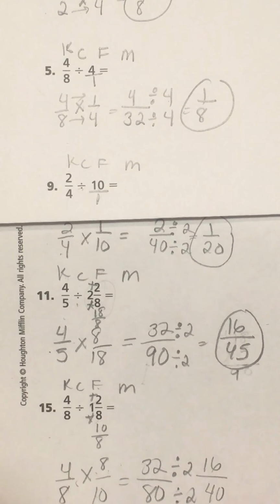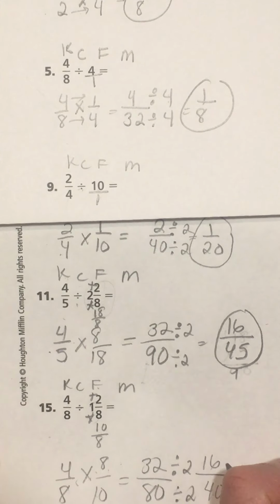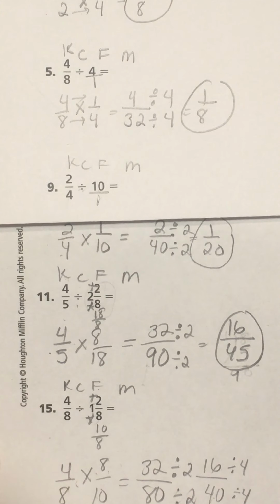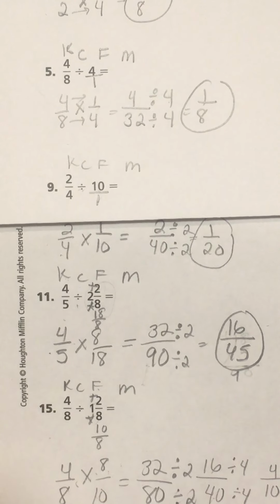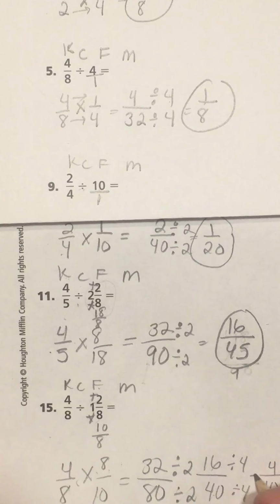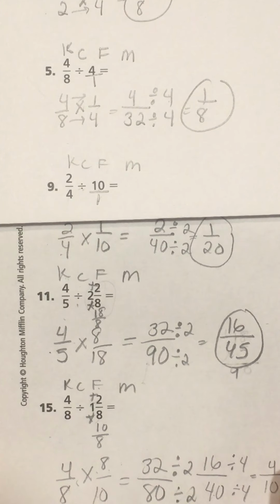But you know what? That wasn't the greatest common factor. I notice that I can divide 16 and 40 again. And they're going to share a 4. We're going to have 4/10. We can simplify again. I definitely did not pick the greatest common factor.